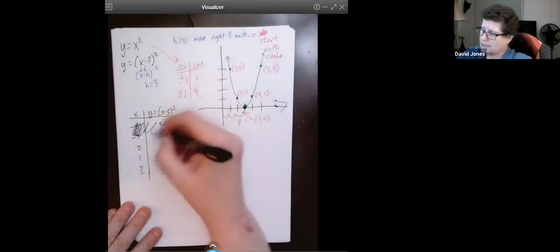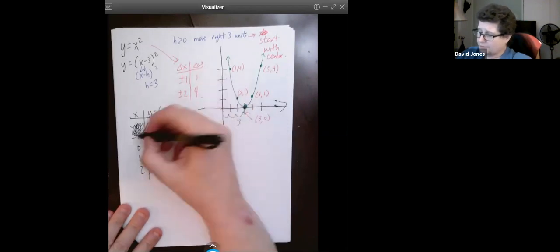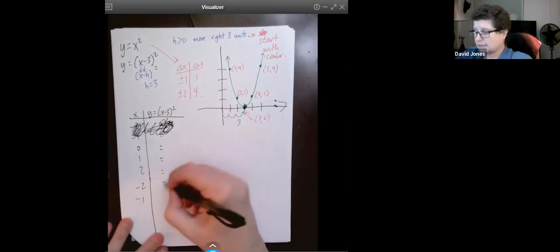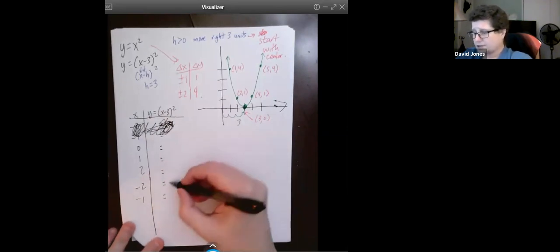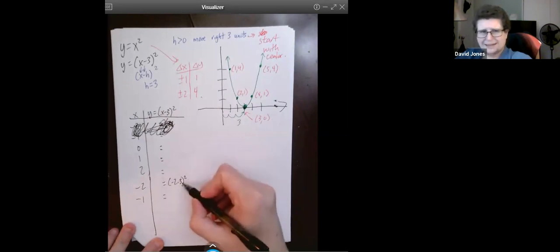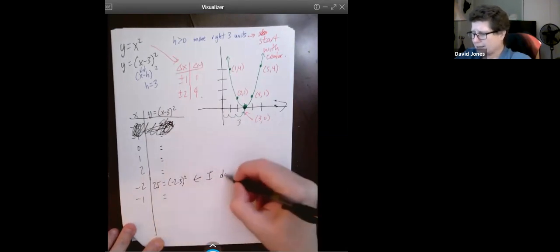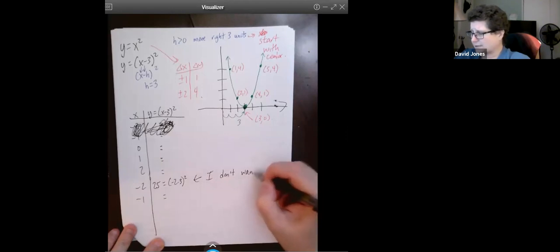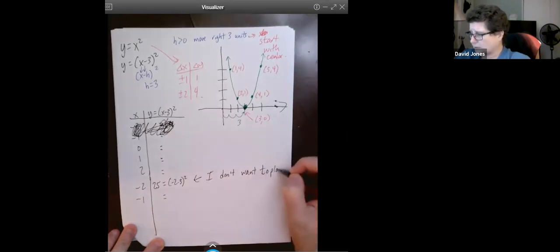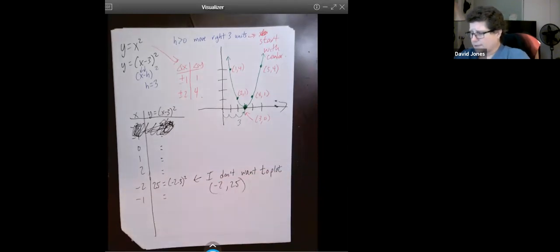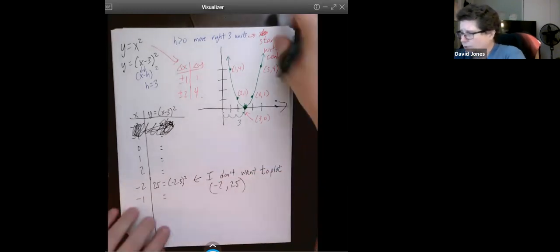Actually, I'm going to illustrate that. Let's do the -2 and show why this sucks. For -2, I've got (-2 minus 3) squared. -2 minus 3 is -5, squared is 25. I don't want to plot (-2, 25). In fact, I'm going to do that on another page. I think having them in order is better.